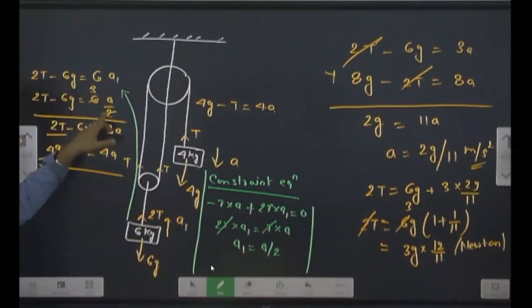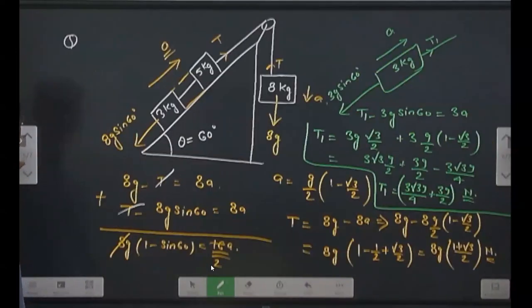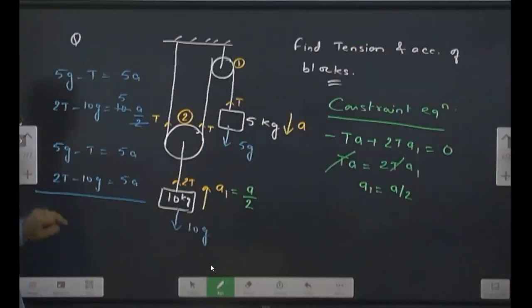No, we took it. Fine, fine. That's fine, okay? Right. Come on, solve. 2t minus 10g equal to 5a. Now, you tell me what are the acceleration and what is the tension. It's in your hand. Come on, solve it fast and tell me.